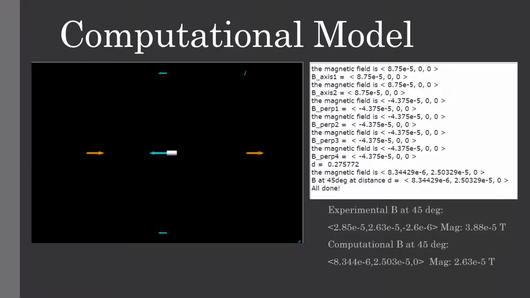The value of the 45-degree observation location is 8.344 times 10 to the negative 6th, 2.5 times 10 to the negative 5th, 0, with a magnitude of 2.63 times 10 to the negative 5th Tesla, and the vector is juxtaposed with the calculated value at the same location.